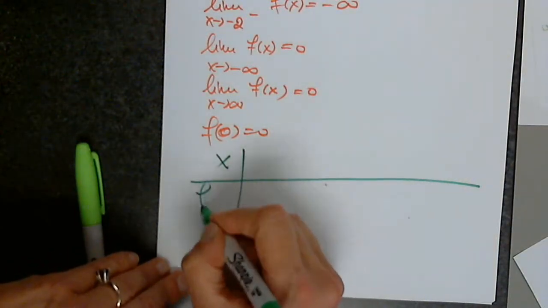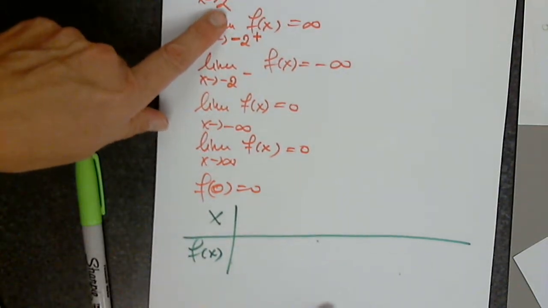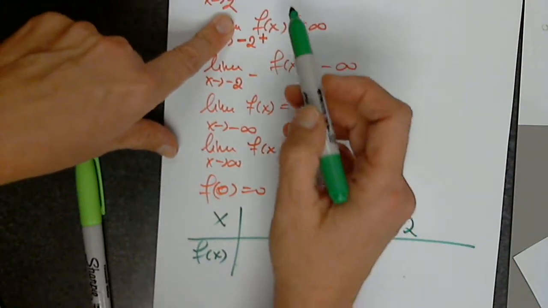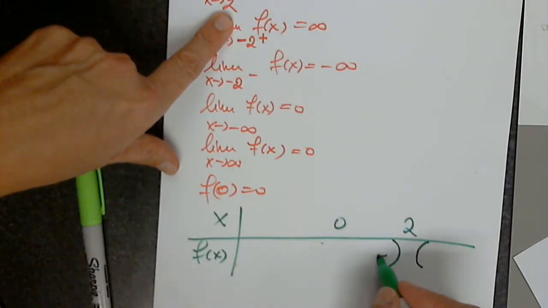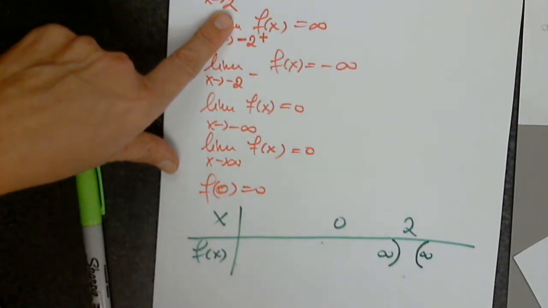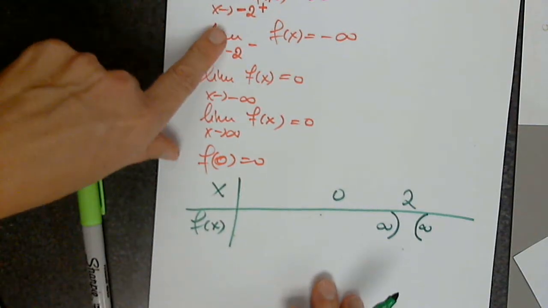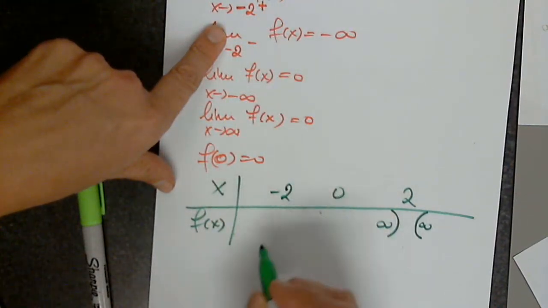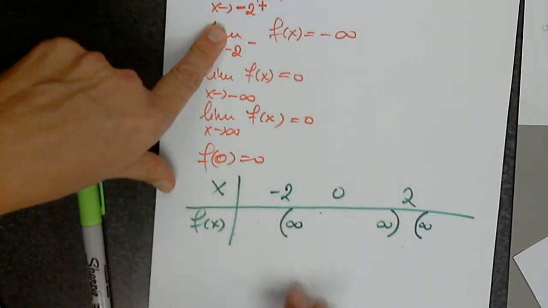So here's what I recommend. Of course, you can use the method you like. As x approaches 2, say here's 2, the limit from either side is infinity. I took this into account. The limit of f of x as x approaches negative 2 from the right is infinity.